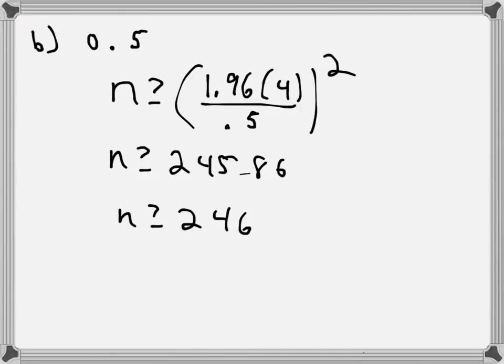Anybody see what the relationship was? First problem, we had about 62. To reduce the margin of error in half, how much did I actually have to increase my sample size by? Quite a lot, right? It ends up being almost 4 times as much.